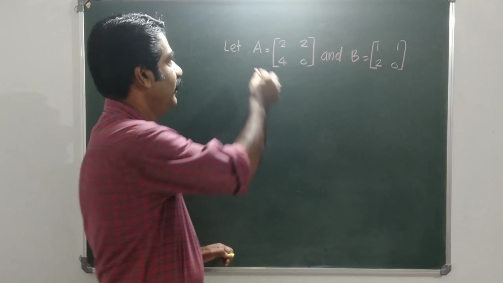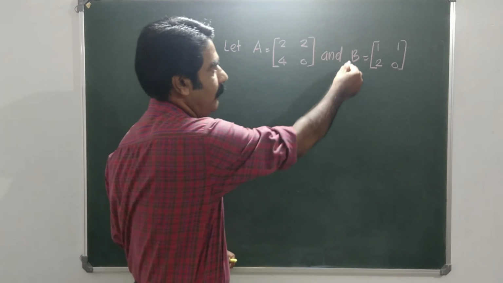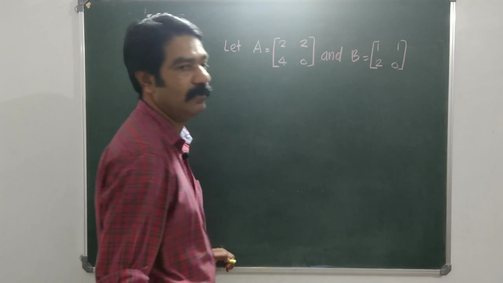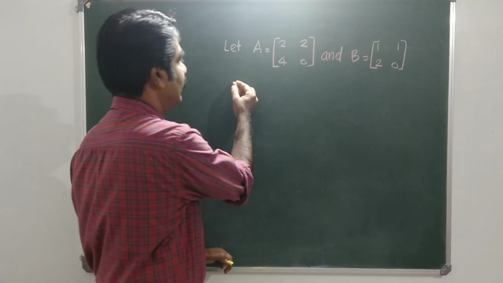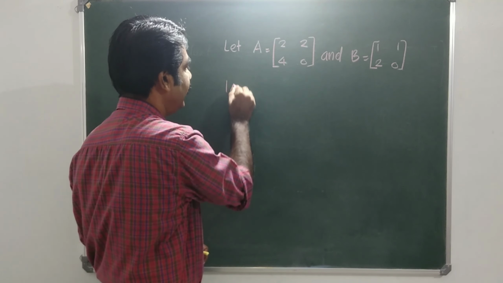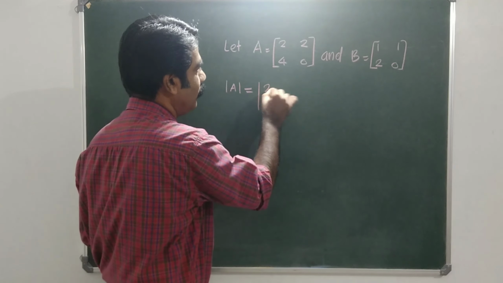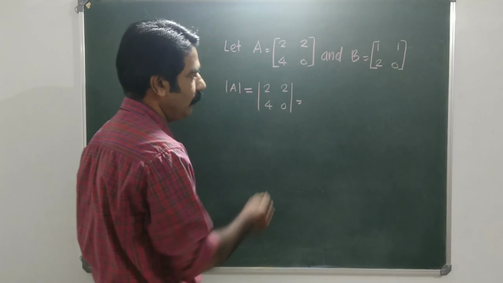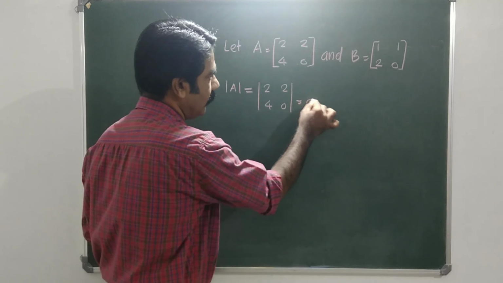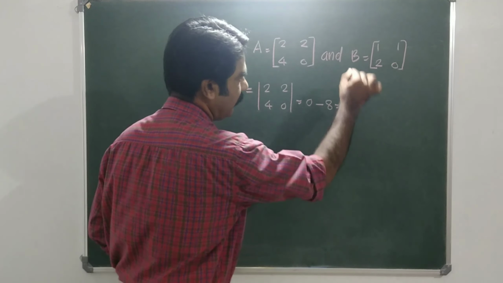Now, let A be equal to the matrix 2, 2, 4, 0 and B be equal to the matrix 1, 1, 2, 0. See, both are 2 by 2 matrices. So, what is det A? Determinant A is equal to the determinant 2, 2, 4, 0, that is equal to 2 into 0, 0, minus 2 into 4, 8, which is equal to minus 8.